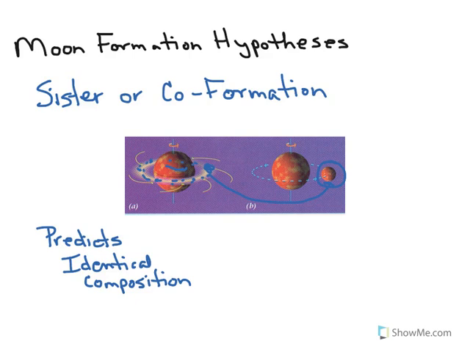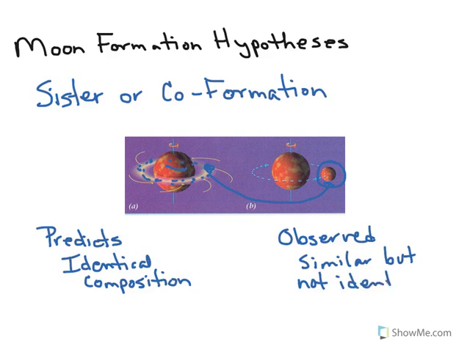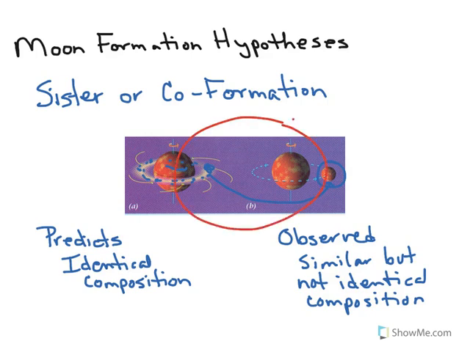And as we saw before, what we observe is that it's similar in composition, but not identical. And so once again, we can eliminate it. So sister or co-formation does not apply.